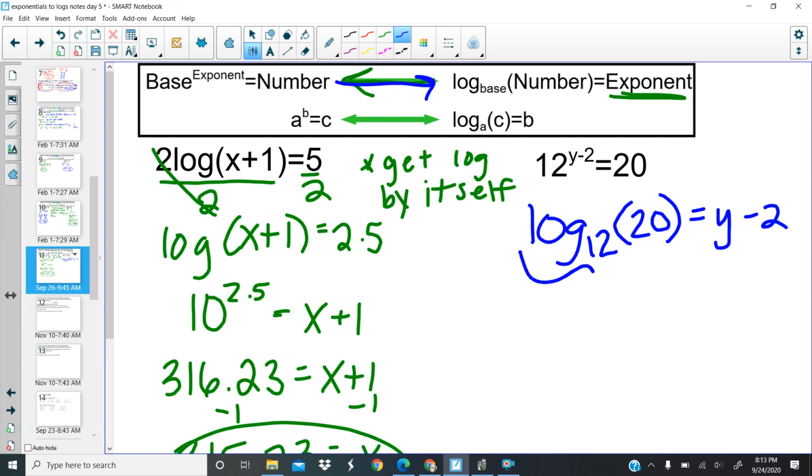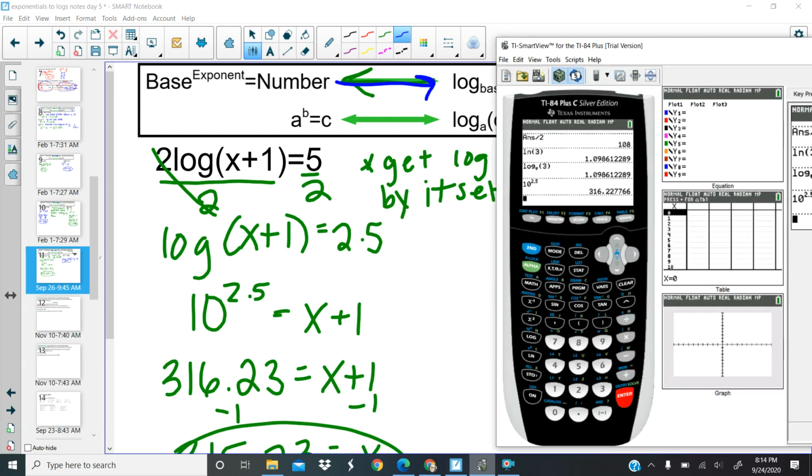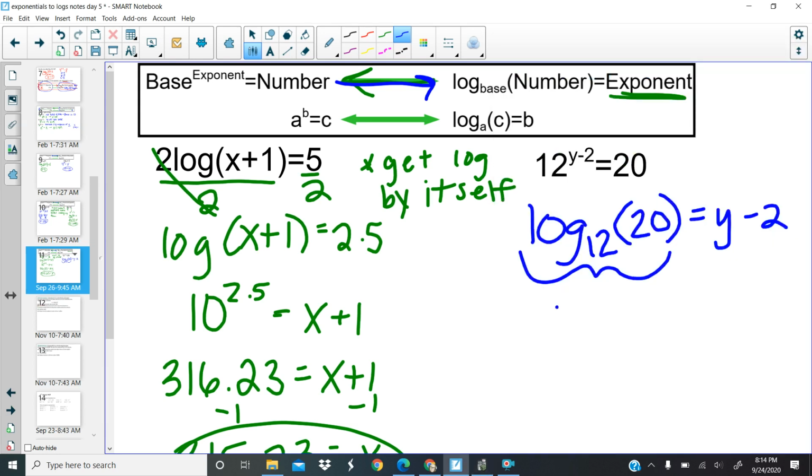So then I need to evaluate log base 12 of 20. So I'm going to use my calculator to do that and press math, up, log base 12 of 20. And that gives us 1.206. I'm just going to say 1.21 equals y minus 2.